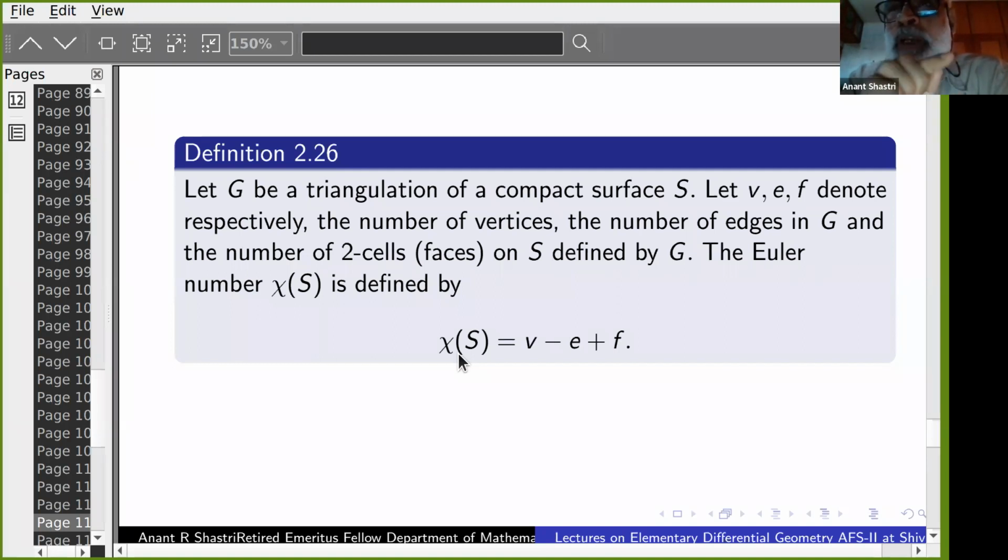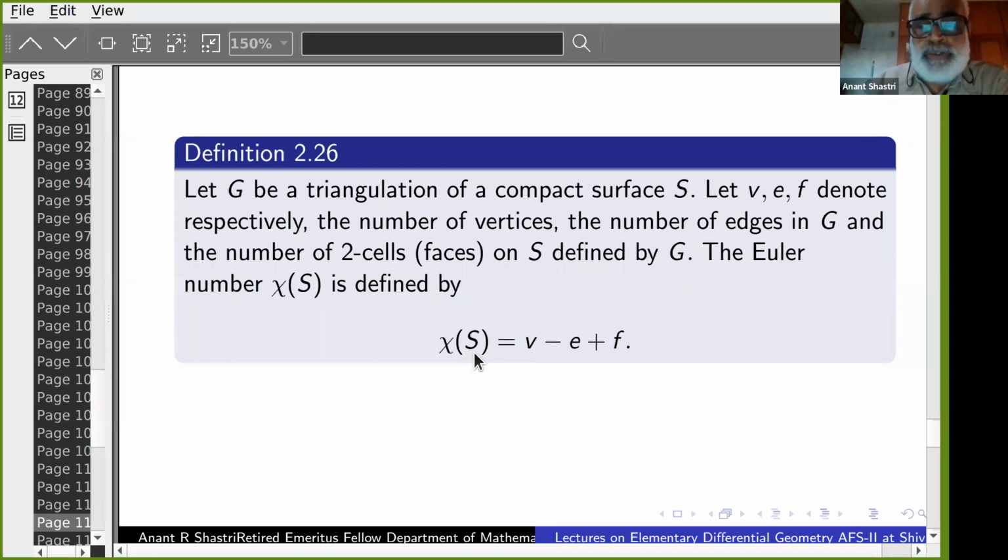We will prove it for smooth surfaces in R3 by the Gauss-Bonnet theorem. So it's a consequence of the Gauss-Bonnet theorem that chi-G is actually equal to chi-S. If you take some other G prime, chi-G prime will be equal to chi-G. That is the meaning of this. I have stated it, but I don't have to prove it separately. It will be part of the Gauss-Bonnet theorem.